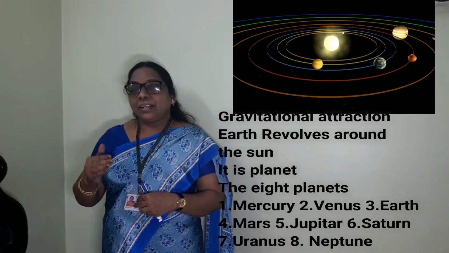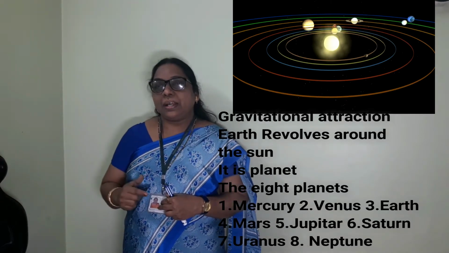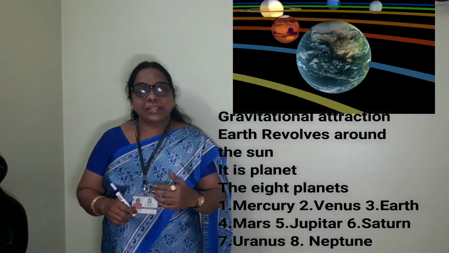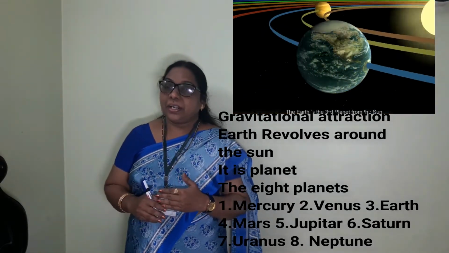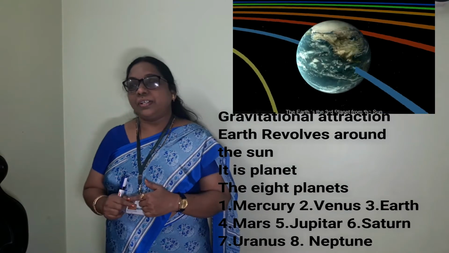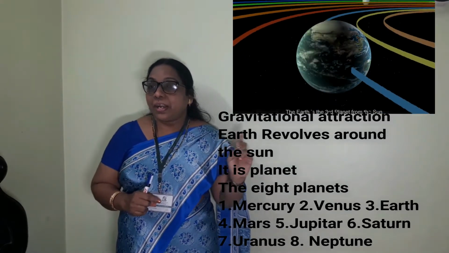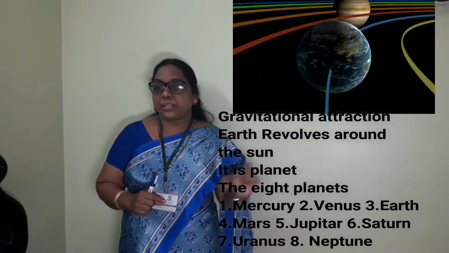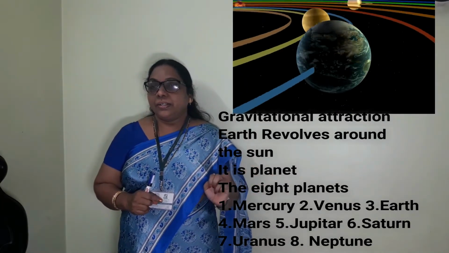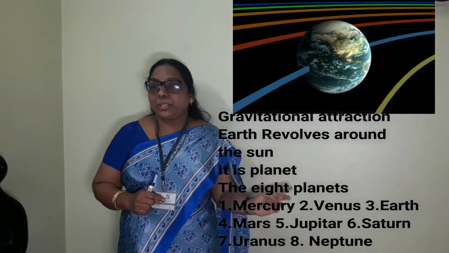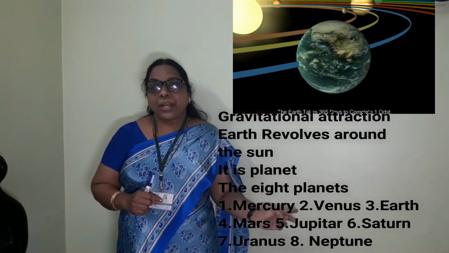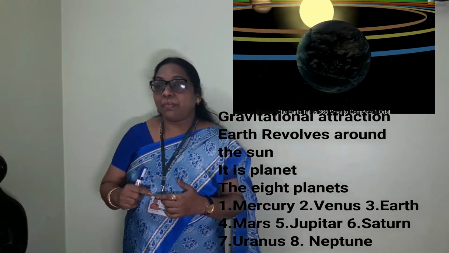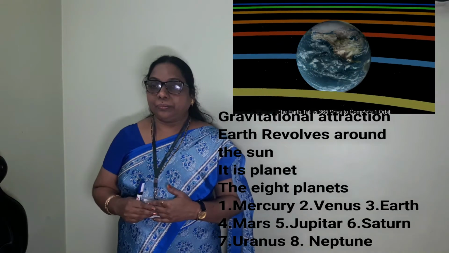Other than the earth there are 7 other planets that revolve around the sun, so there are 8 planets. In their order of distance from the sun, the first is Mercury, the second is Venus, the third is Earth, and then Mars, Jupiter, Saturn, Uranus, and Neptune. So these 8 planets revolve around the sun.